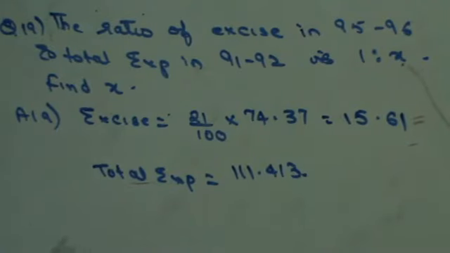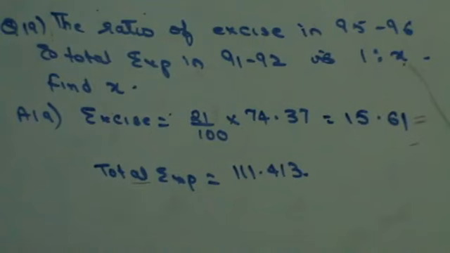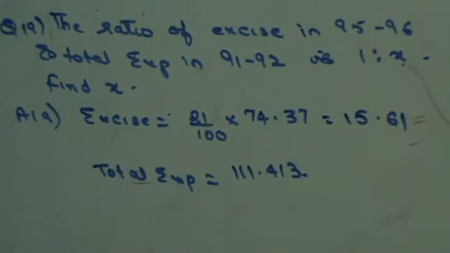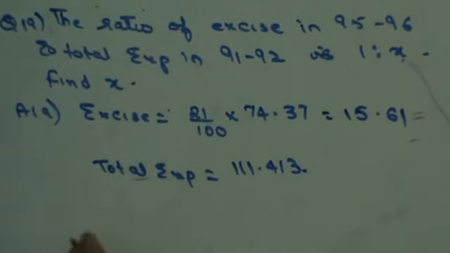Right? Now they are saying that the ratio of excise and total expenditure is given by the ratio of 1:x. The ratio of excise in 1995, 96 to total expenditure in 91, 92.